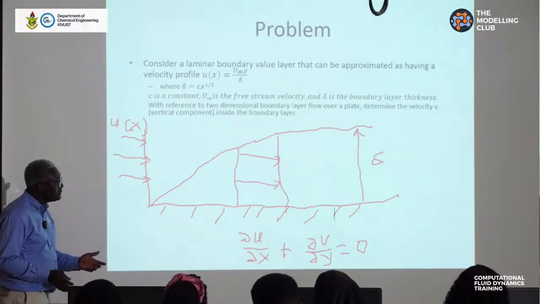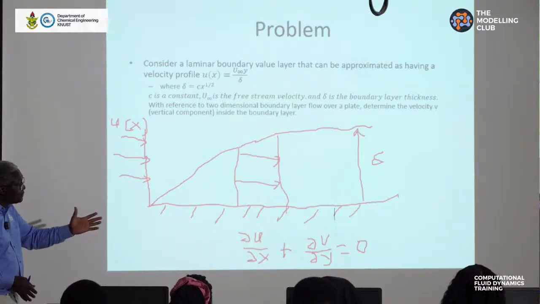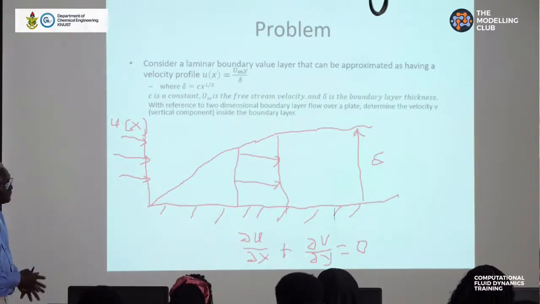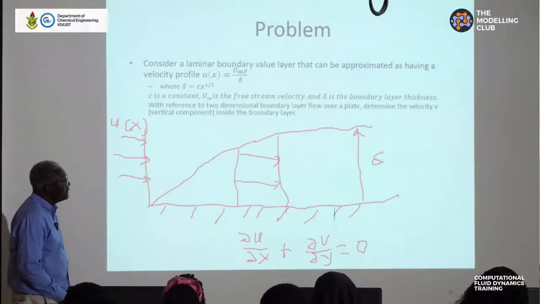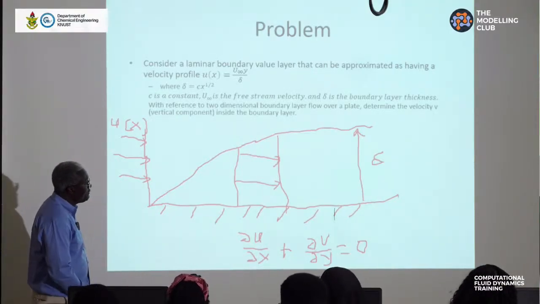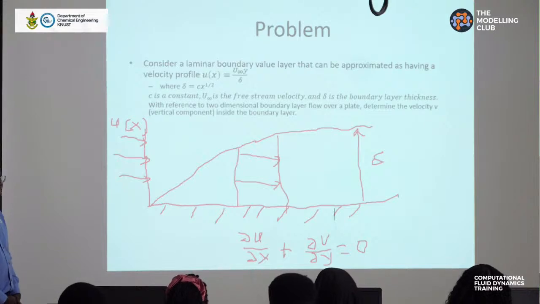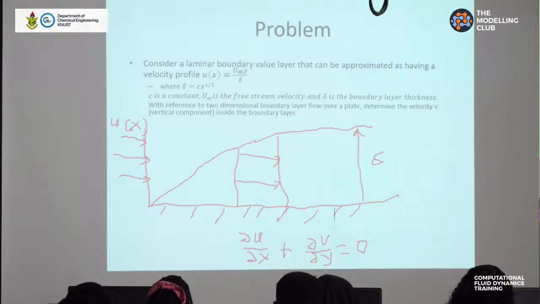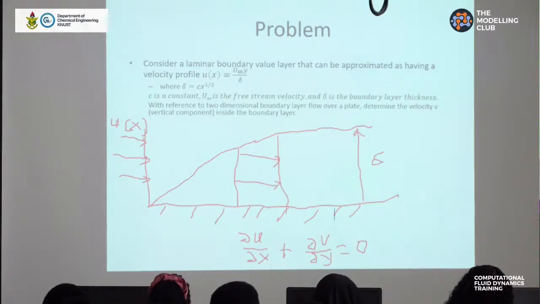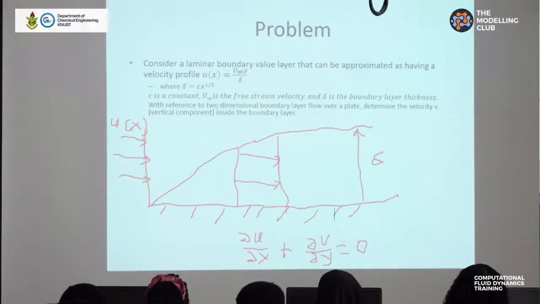Okay, so now, since I've shown you, we've solved almost half of the problem, can we find the v velocity, the velocity component in the y direction?